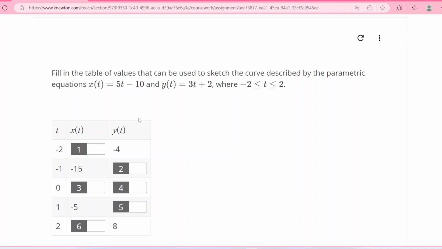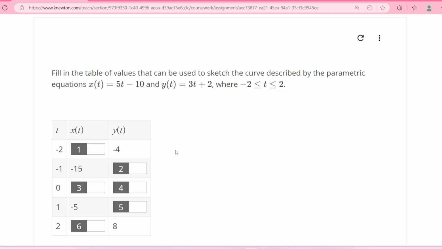So here we're asked to fill in the table of values that can be used to sketch the curve described by the parametric equations x of t equals 5t minus 10 and y of t equals 3t plus 2, where t falls between -2 and 2 inclusively.